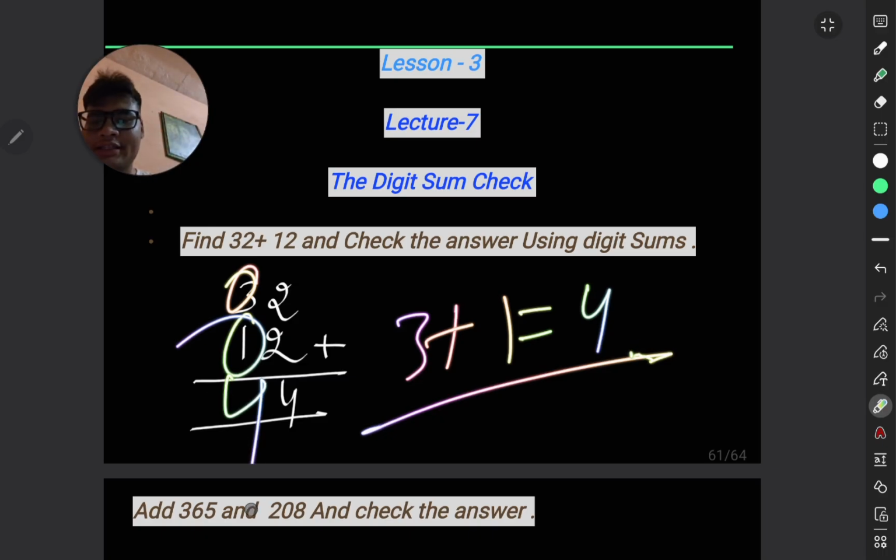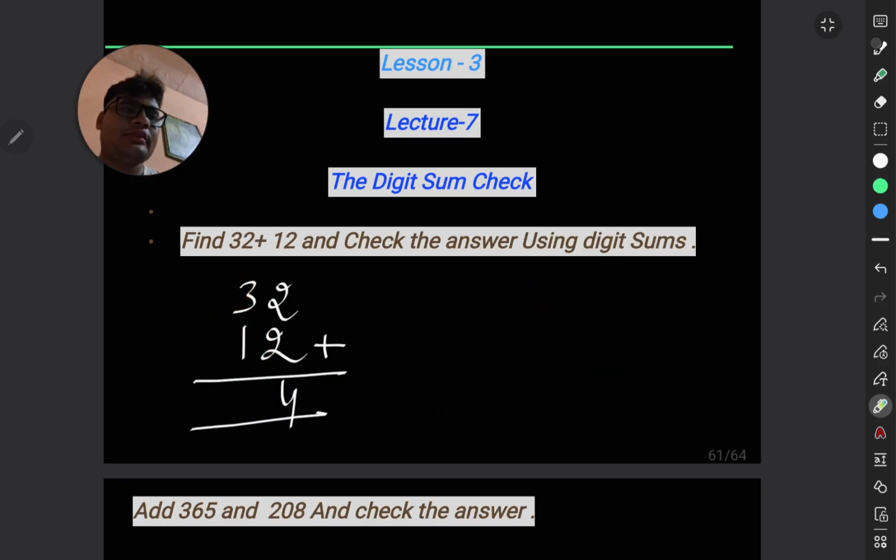So we write 4 here. Now 32 plus 12 gives 44. We will check whether this answer is correct or not.